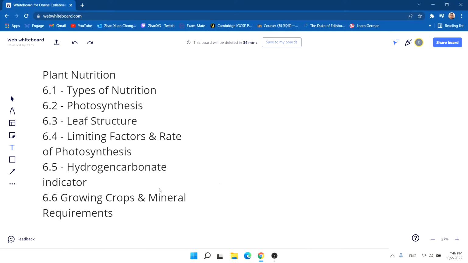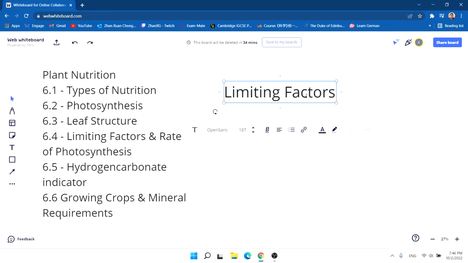Alright, next one. We are going to talk about limiting factors and rate.